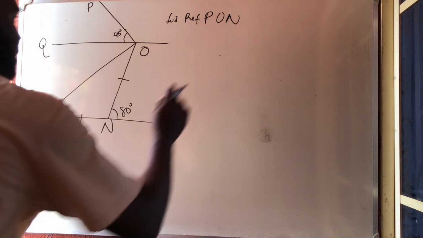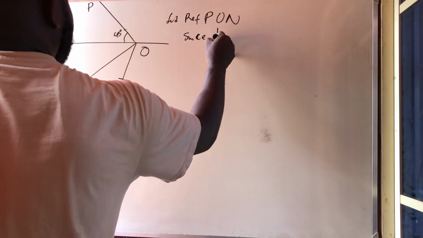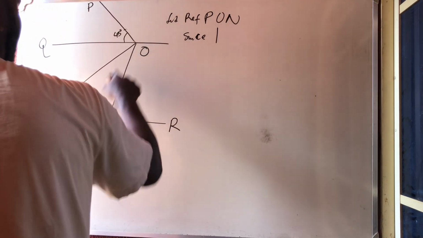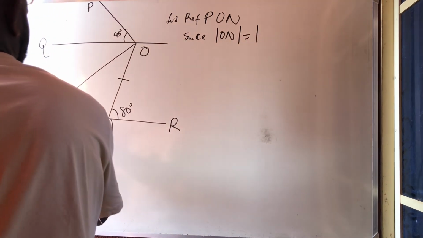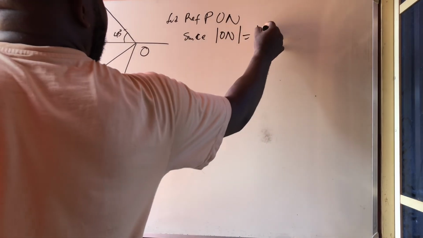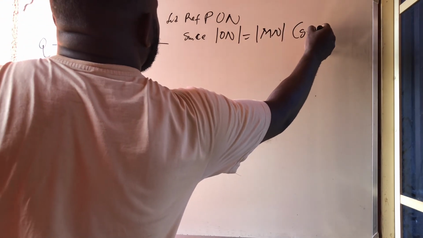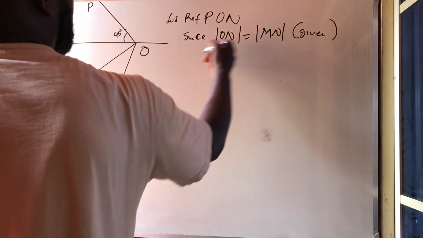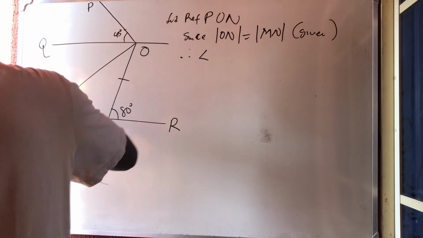Now, we'll tell them that since line ON is equal to line NM or line MN, that is given, they gave it to us. Since this is equal to this, therefore angle this place is equal to this place.